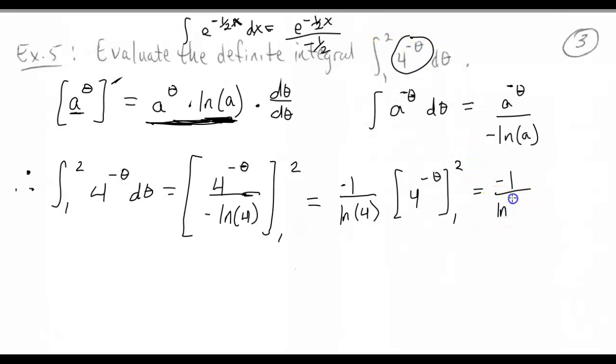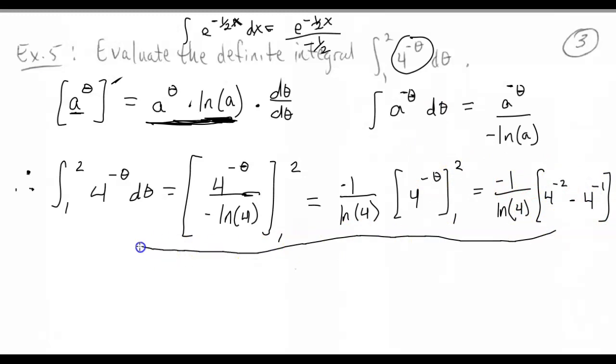All right, so we have negative 1 divided by natural log of 4. And of course, if we plug in a 2 here, we'll get 4 raised to the negative 2 minus 4 raised to the negative 1. And of course, from here, this is just a matter of rearranging and making this look nice.